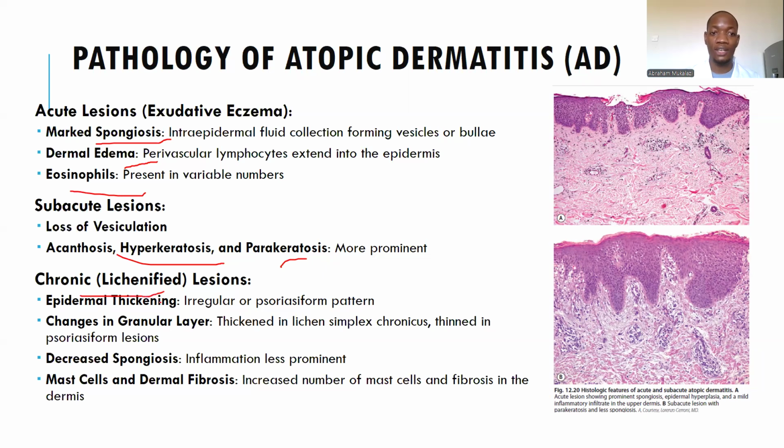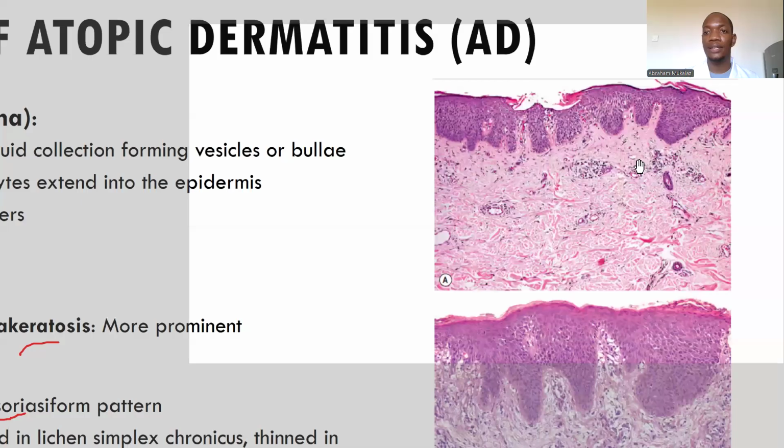In chronic lesions, which are lichenified, you get epidermal thickening, irregular, sometimes even psoriasiform, elongation of the rete ridges. You can also have thickening of the granular layer, like lichen simplex chronicus, and if it is chronic, you get reduced spongiosis.